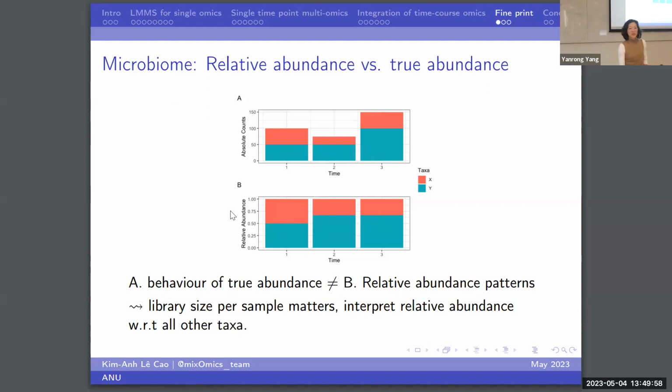We're just trying to find patterns in the data, but we won't know. The good news is that we now have access to more precise experiments or technologies where we might be able to measure the absolute counts, the absolute abundance.